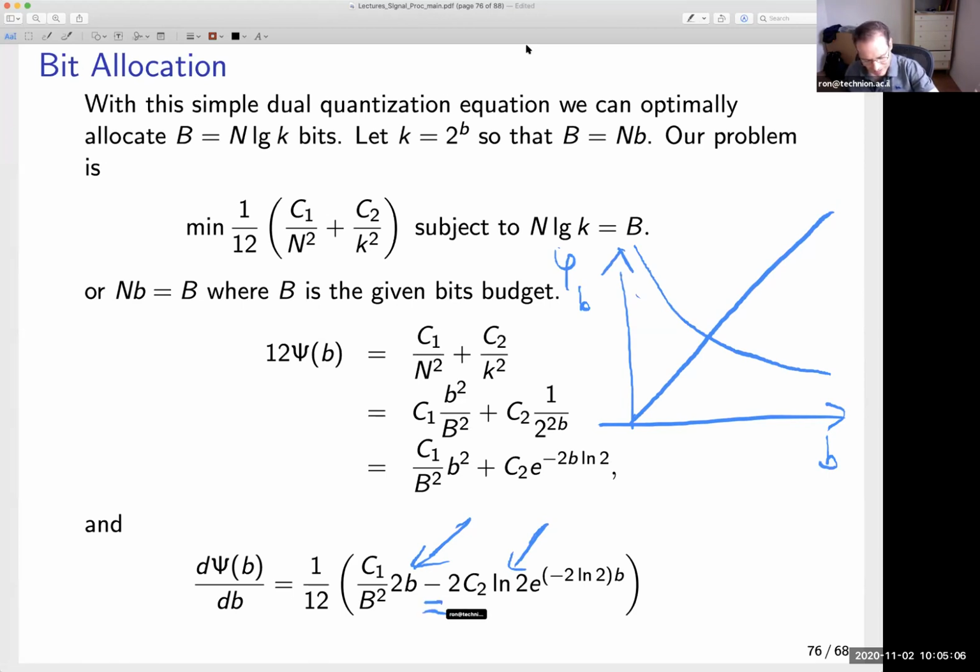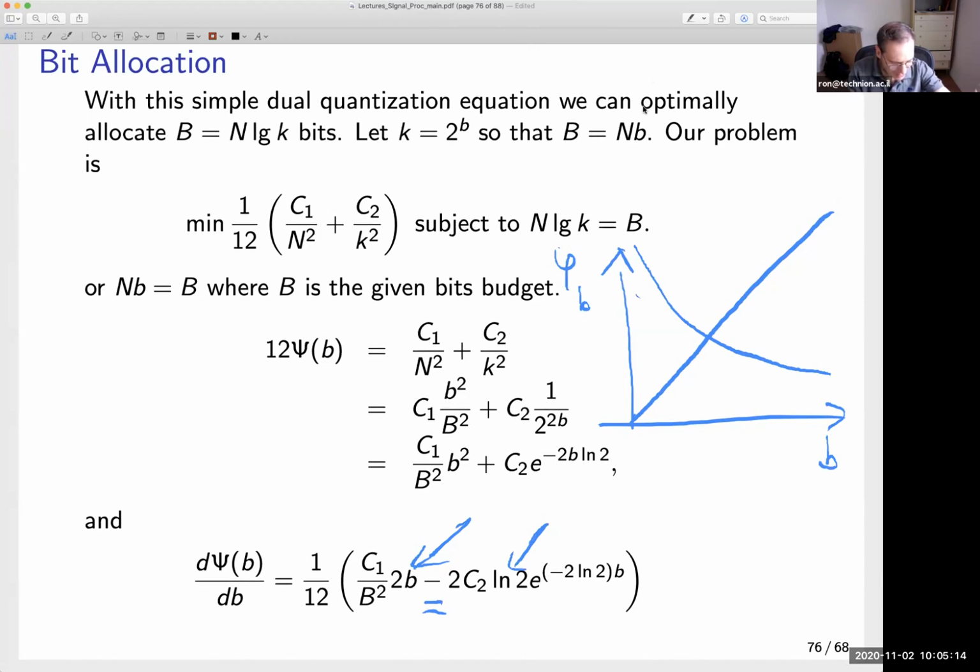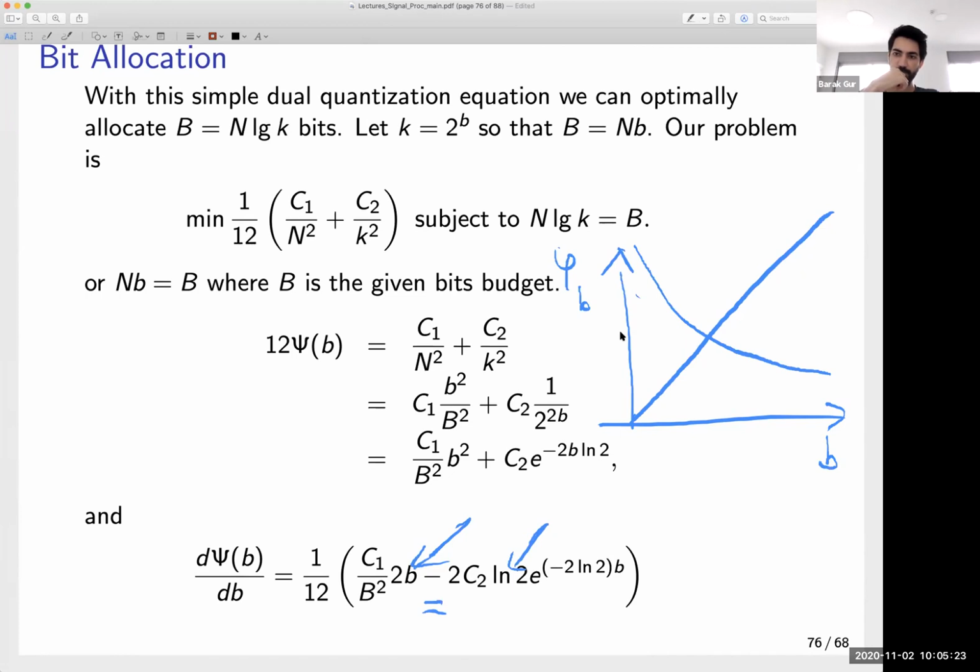Let me just see if I'm plotting it correctly. Just a second. I prepared it ahead of time, so why not use it?